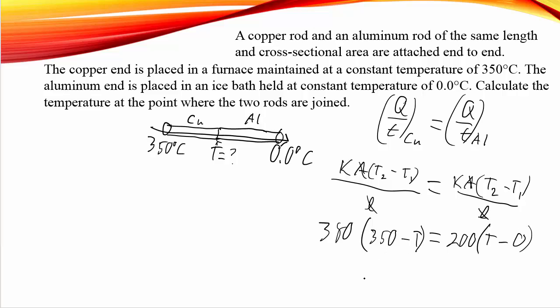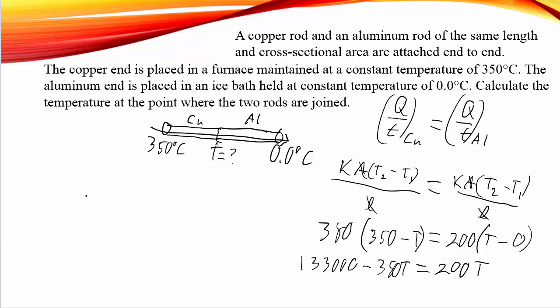So there is the physics. Now we've got a bit of algebra left to do to clean this up. If we distribute this, 380 times 350 is 133,000 minus 380t, got my 0 in there, equals 200t, and then there's a 0, so that just goes away.